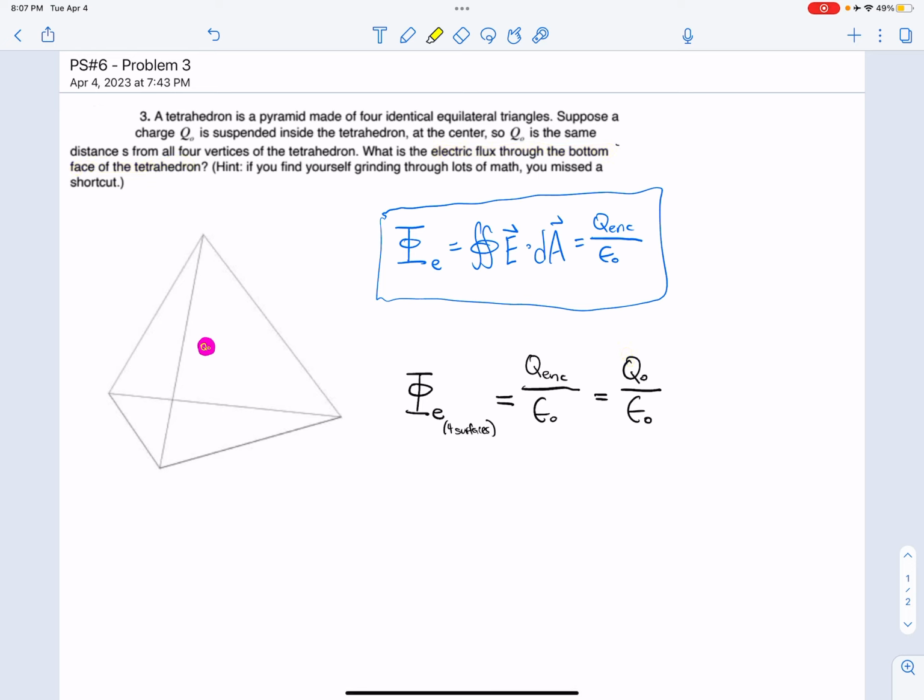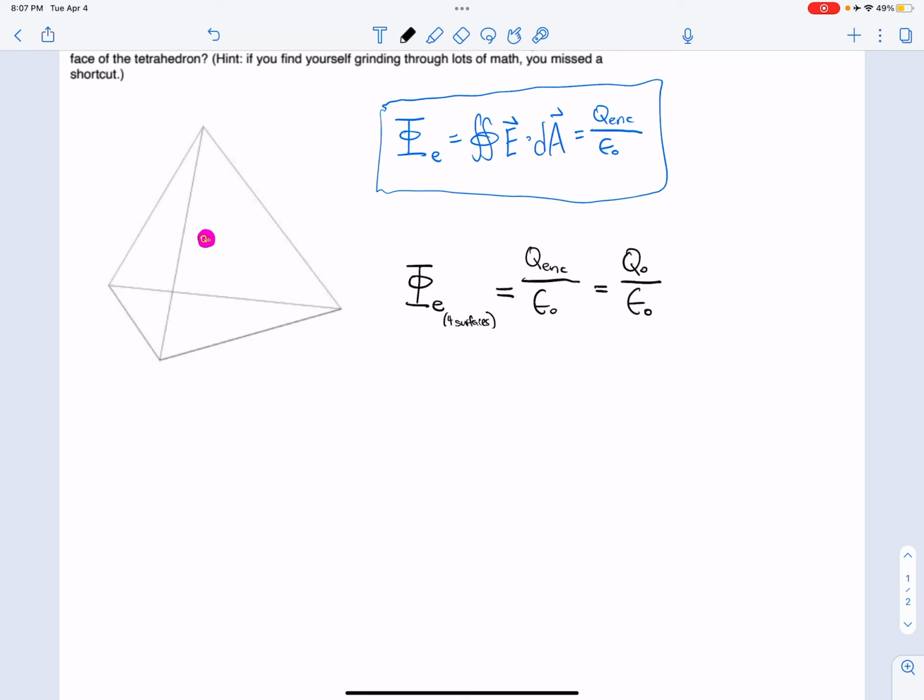So the electric flux through the bottom face of the tetrahedron only is going to be equal to the total electric flux on all four surfaces divided by 4, because there are 4 surfaces on the tetrahedron.